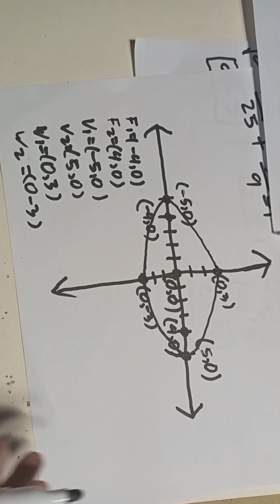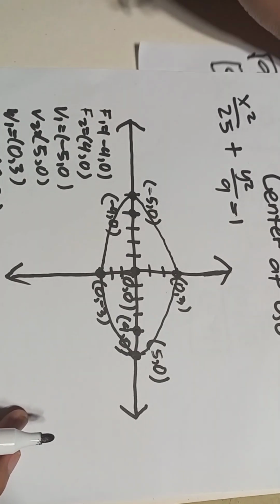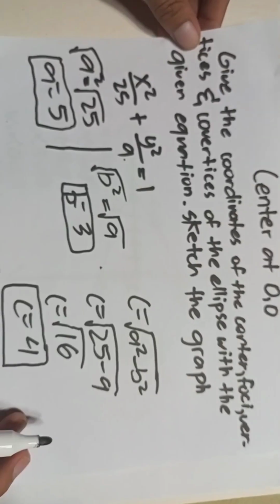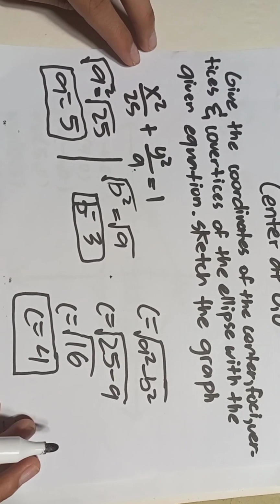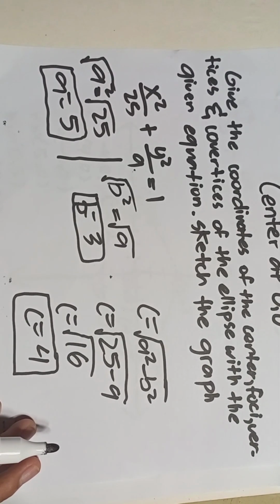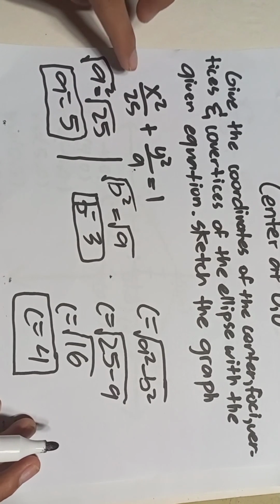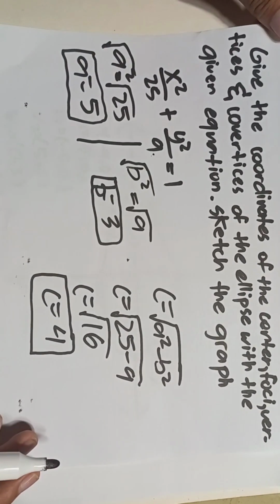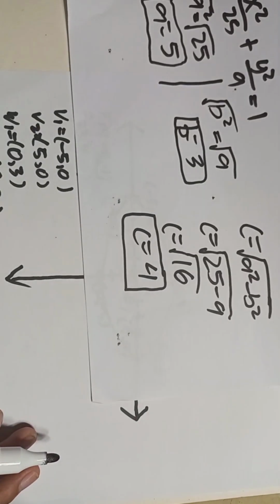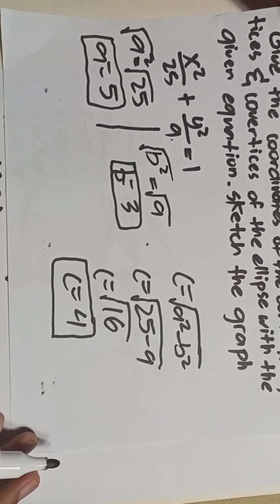So that's it. Our example of finding the center, foci, vertices, and covertices of the ellipse with the given equation and sketch the graph. x squared over 25 plus y squared over 9 equals 1.